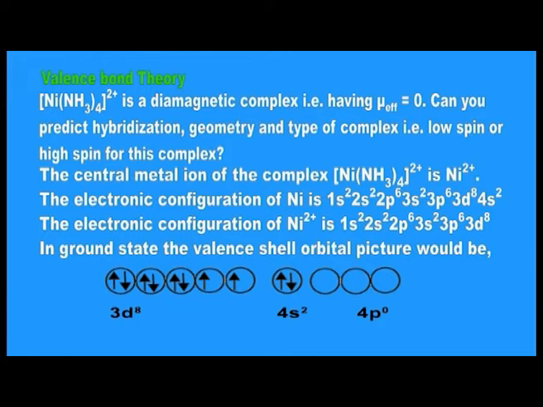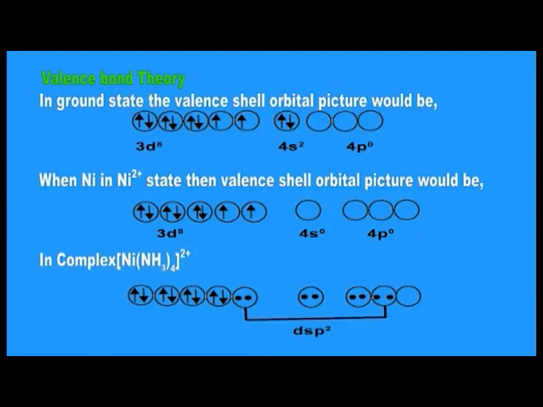The central metal ion of the complex [Ni(NH3)4]2+ is Ni2+. The electronic configuration of nickel here is 1s2, 2s2, 2p6, 3s2, 3p6, 3d8, 4s2, while the electronic configuration of Ni2+ is 1s2, 2s2, 2p6, 3s2, 3p6, 3d8 in its ground state.